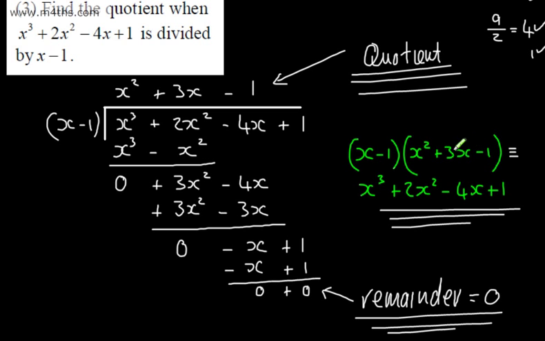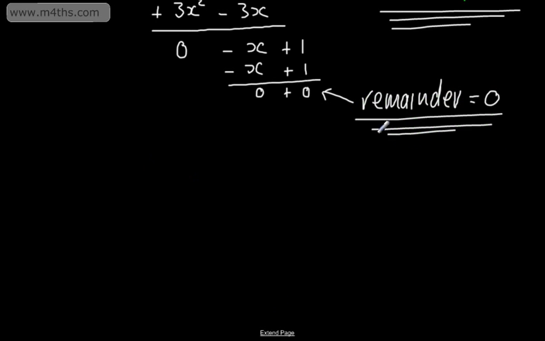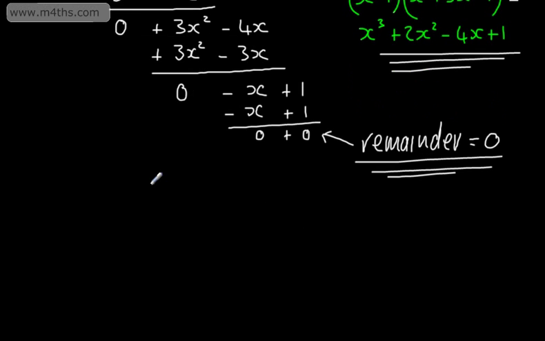So the coefficient of the term in x here is 3. The coefficient of the term in x here is -4. And the way in which we do this is to write an identity. So this is the second method, polynomial long division, and the next one is going to be writing an identity. What I know is that I've got a linear factor of x minus 1.